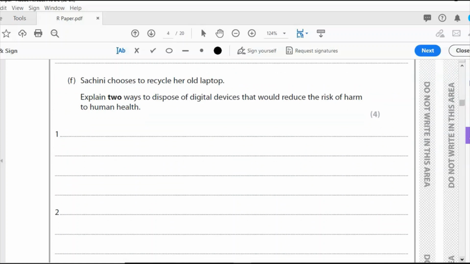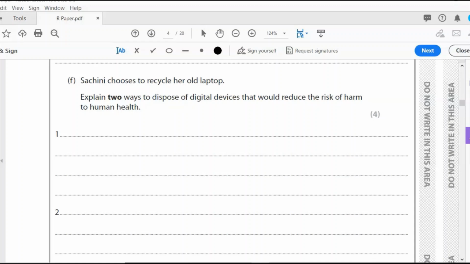Let's move on to F. Sajini chooses to recycle her old laptop. Explain 2 ways to dispose of digital devices that would reduce the risk of harm to human health. They need to be properly recycled, and we need to remove the batteries.